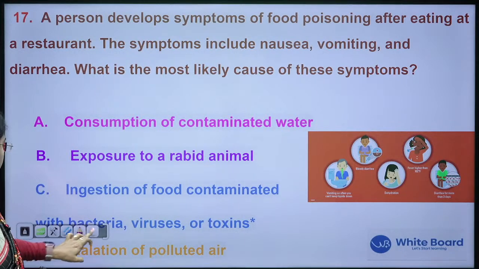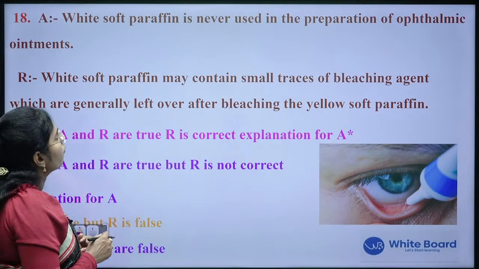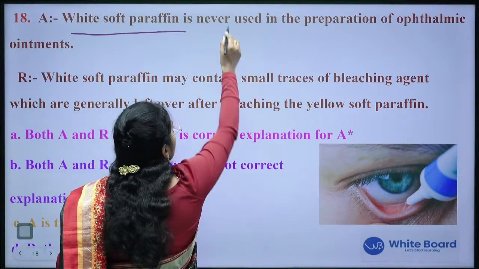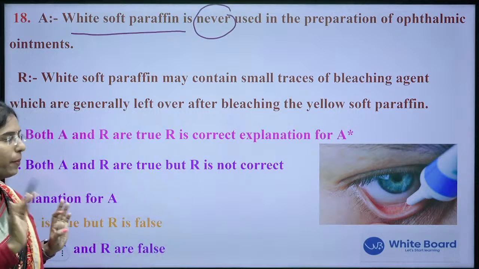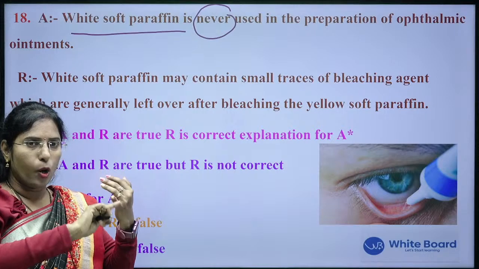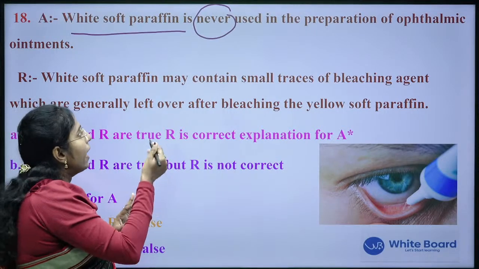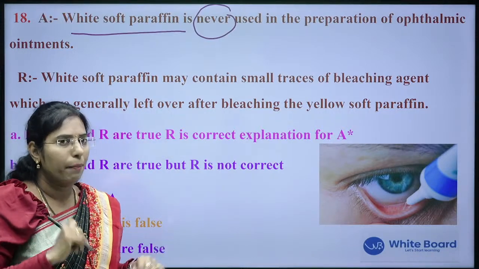So, coming to the next question, question 18. Here, white soft paraffin is never used in the preparation of ophthalmic ointments. Yes, that's true. There are two types of paraffins, yellow paraffin and white paraffin. Yellow paraffin is the natural one and that will be bleached to get white paraffin by adding some bleaching agent.